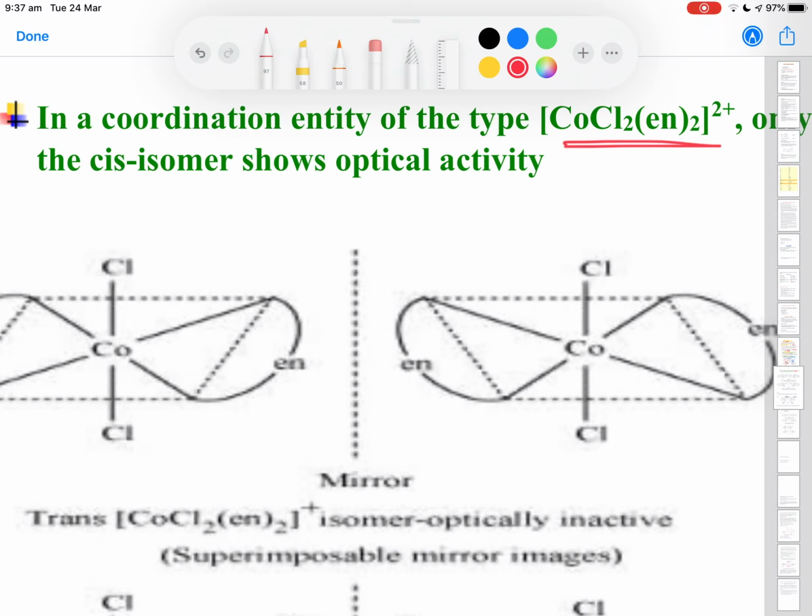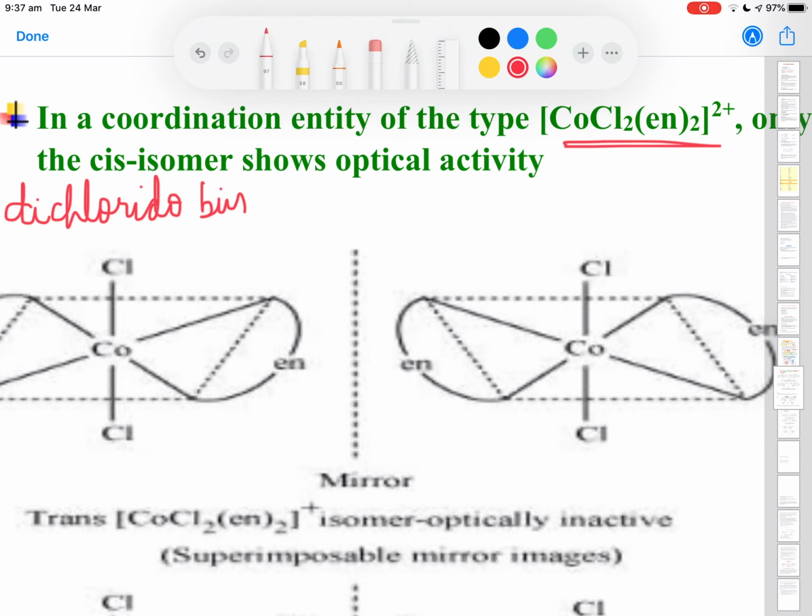So I'm going to start with the prefix di because there are two chlorido. So dichlorido, right? Again, it's two molecules of ethane 1,2 diamine, but I can't use the prefix di. I'm going to use the prefix bis.